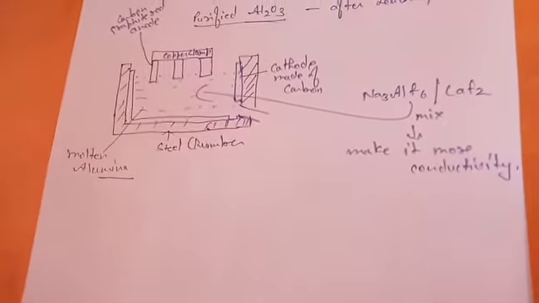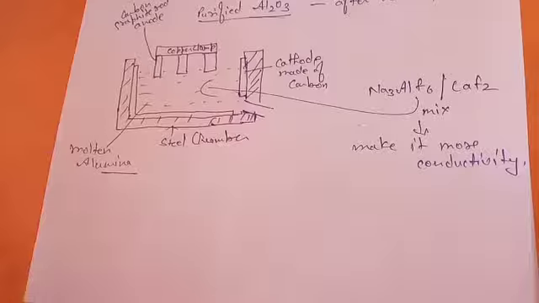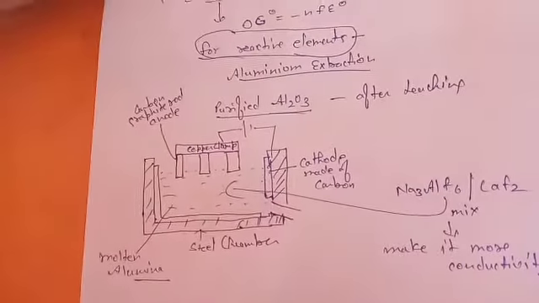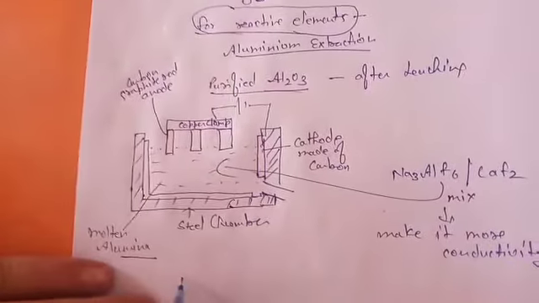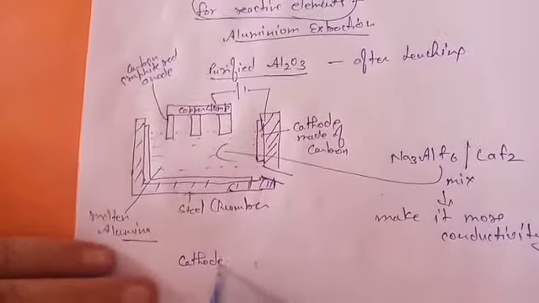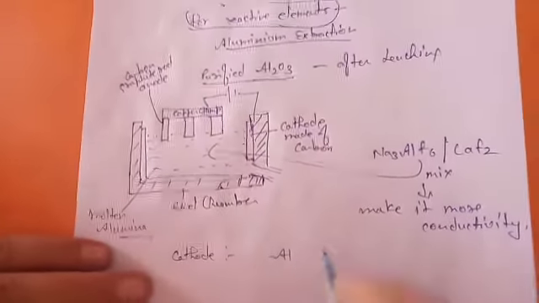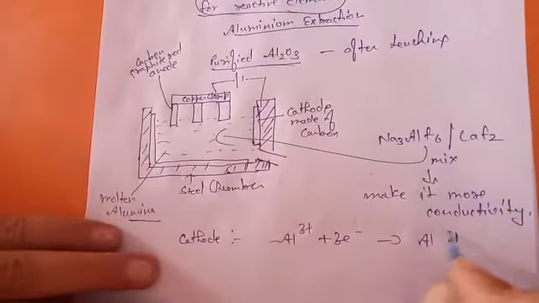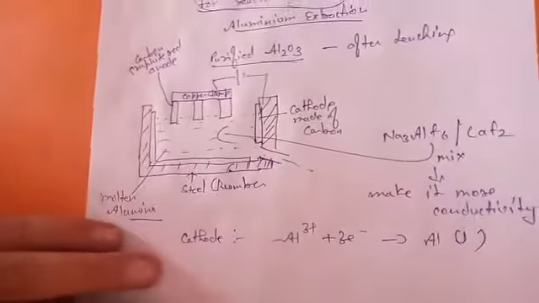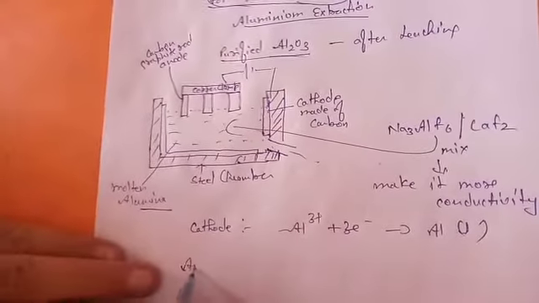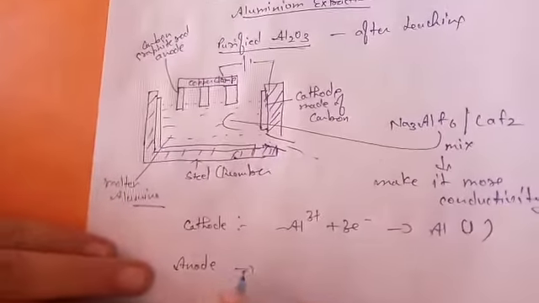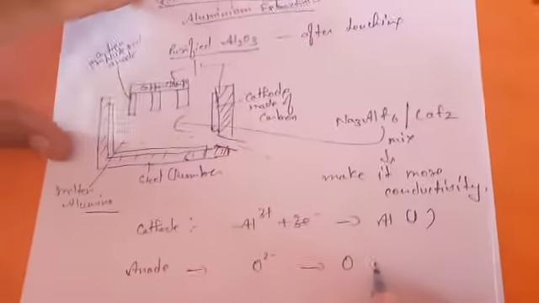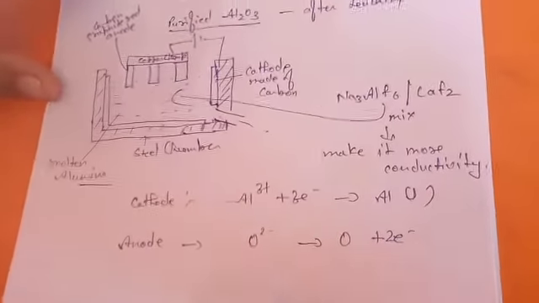Now when you pass current from the external source, at the cathode the aluminium ions gain electrons and are converted into aluminium, which you get in the liquid state and can extract from here. At the anode, O2 negative is converted to O by losing electrons.